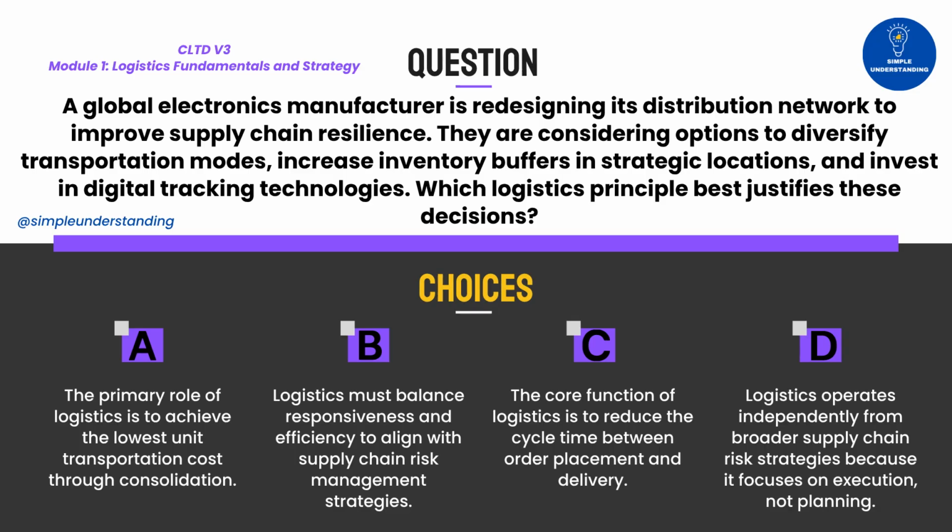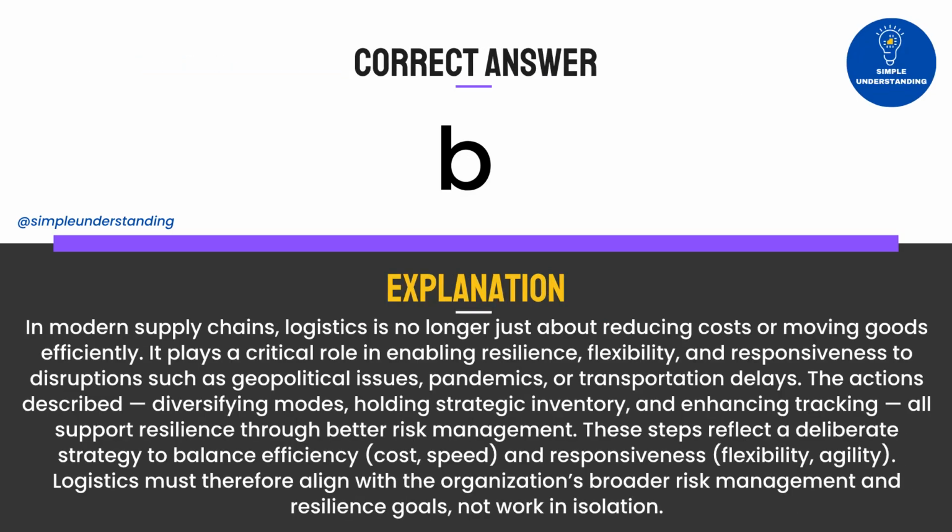D. Logistics operates independently from broader supply chain risk strategies because it focuses on execution, not planning. Correct answer, B. Explanation. In modern supply chains, logistics is no longer just about reducing costs or moving goods efficiently.